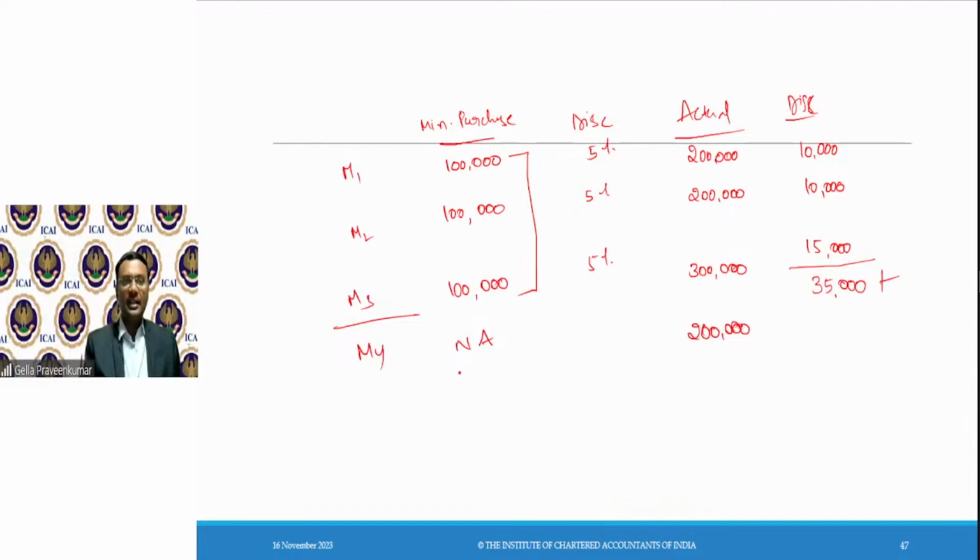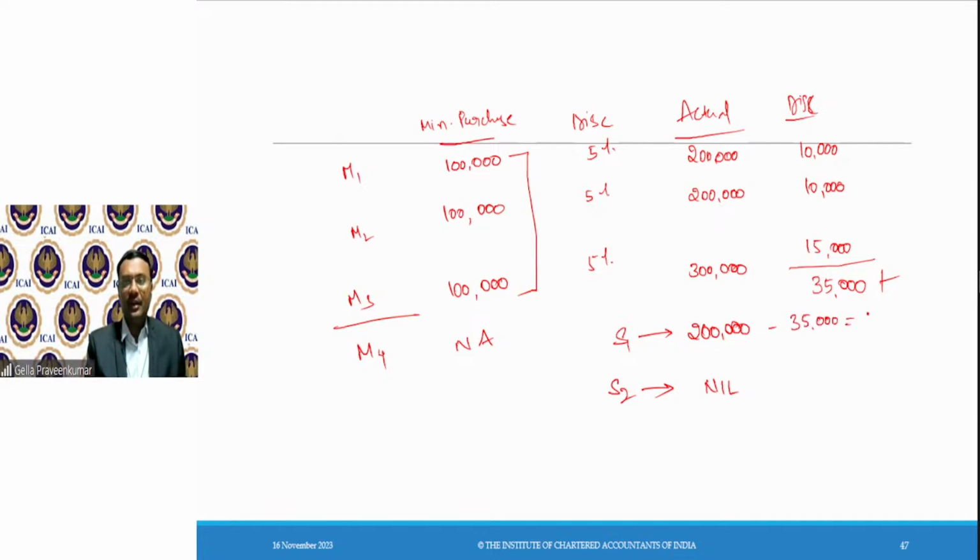So here, for month 4, scenario 1, scenario 2. In scenario 1, there is a purchase for rupees 2 lakhs by the customer. In scenario 2, there is no purchase by the customer. In scenario 1, what will I do? 2 lakhs minus 35,000.